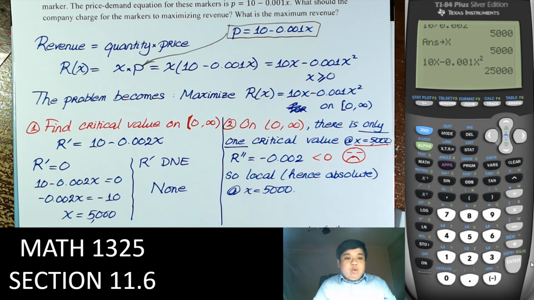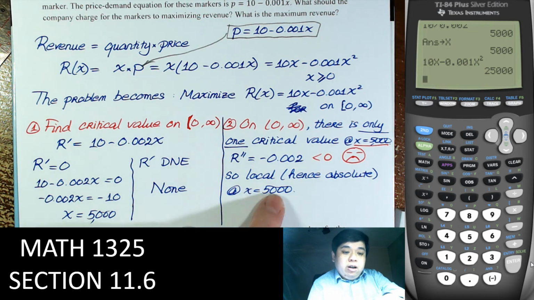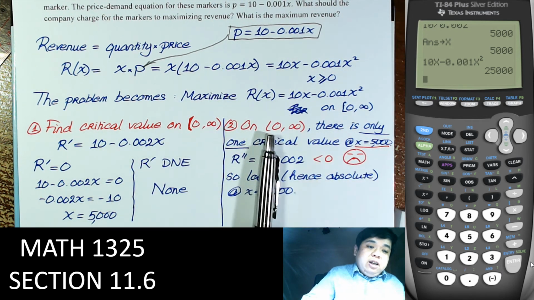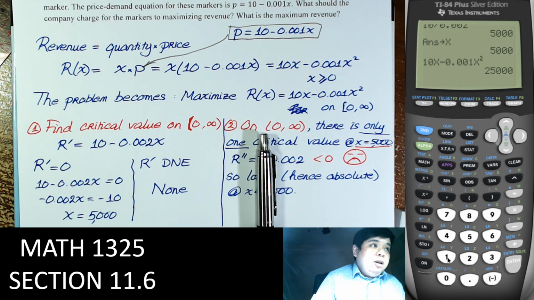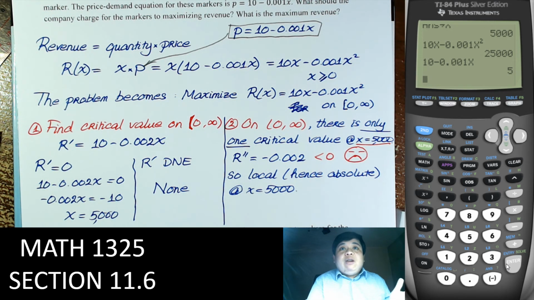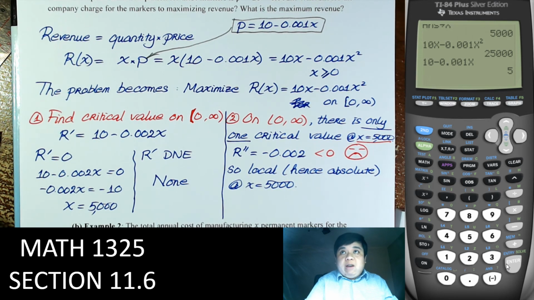So the revenue is 25,000 when we sell 5,000 markers. And if we put 5,000 into the price demand function, we get $5. So we sell each marker for $5, and then we sell 5,000 of them. That's the revenue of 25,000.